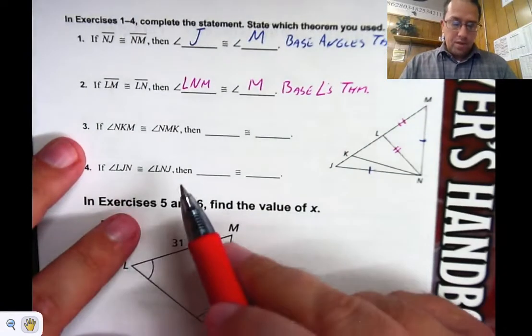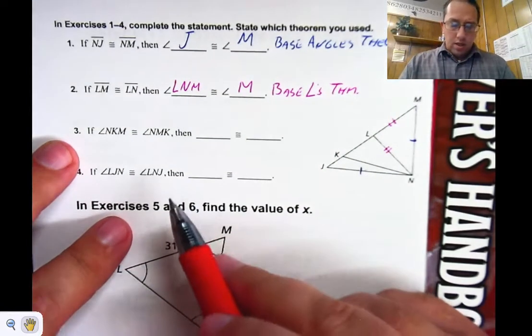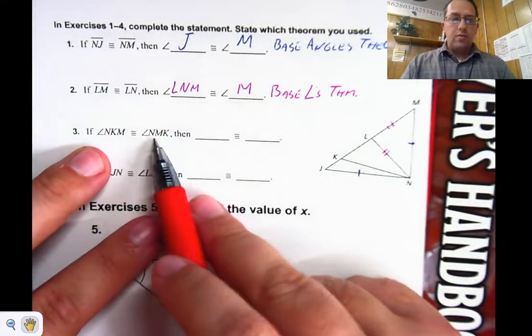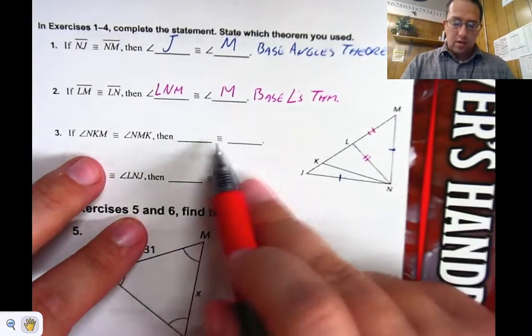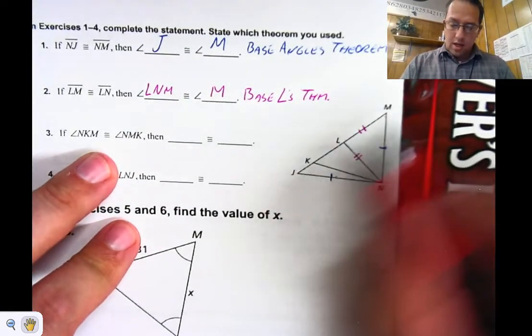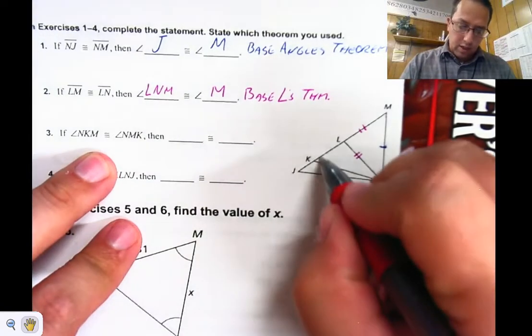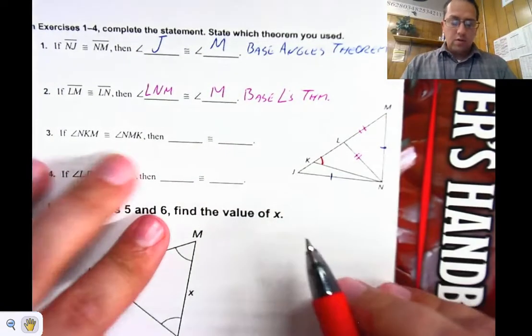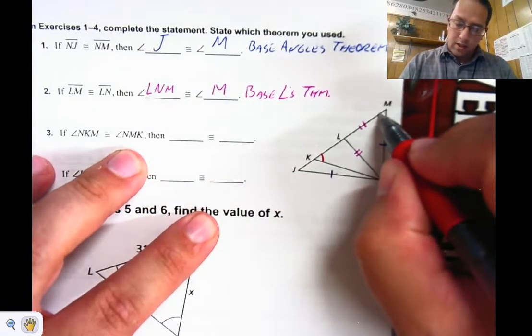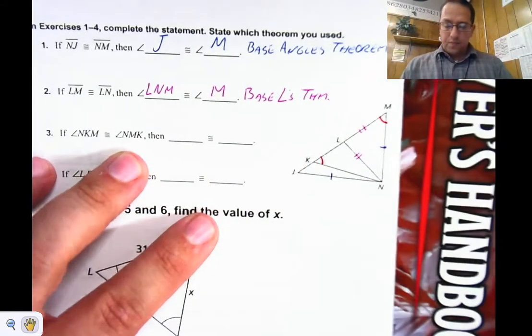All right. Number 3. If angle NKM is congruent to angle NMK, then what else is congruent? So let's see. NKM is going to be this angle right here, congruent to angle NMK. So that is this angle right there.